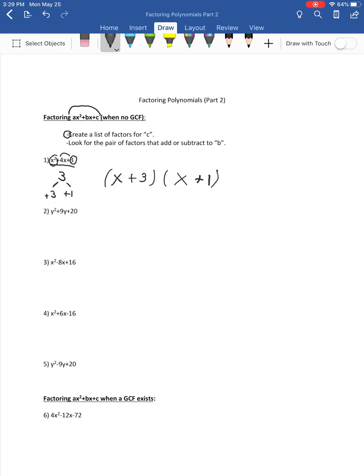Now we can check our answer. The way we check to see if it's factored correctly is to multiply out. So this is a review of multiplying 2 binomials.